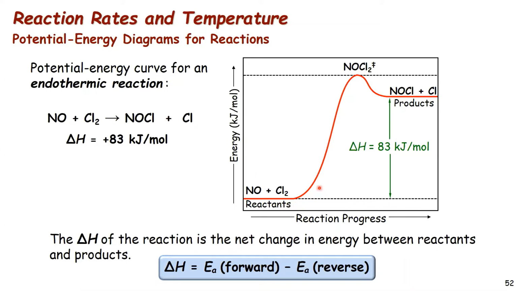Our reactants, in this case, the nitric oxide and chlorine gas, are reacting to form nitrosyl chloride and the chlorine atom. And we've already said for a reaction to go through that, it has to first go to a reaction intermediate. Now I'm going to be asking you to draw these diagrams from a chemical reaction.